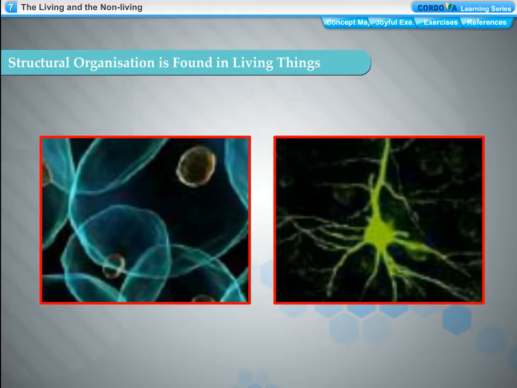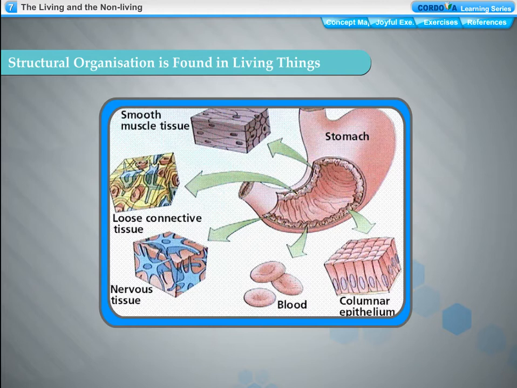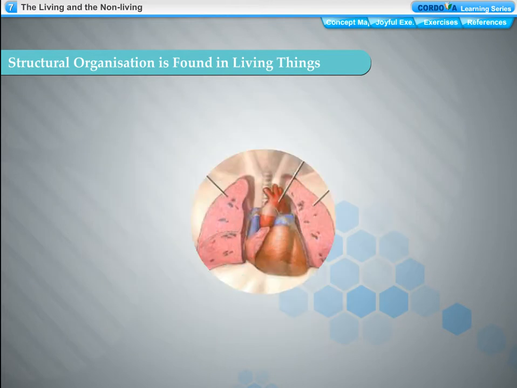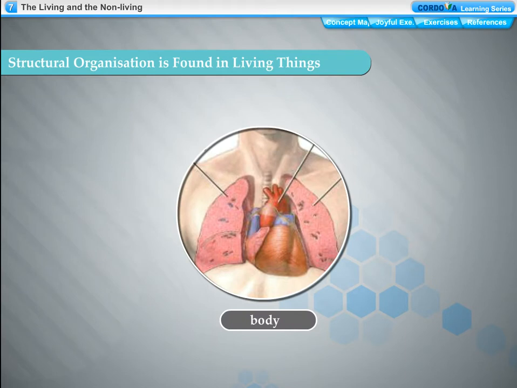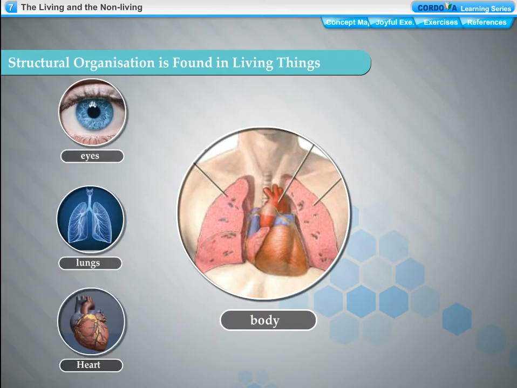A group of similar cells that perform a particular function is called a tissue. Different groups of tissues together perform a function. A group of tissues which work together to perform a particular function in the body is called an organ. Heart, lungs, and eyes are some organs of our body.